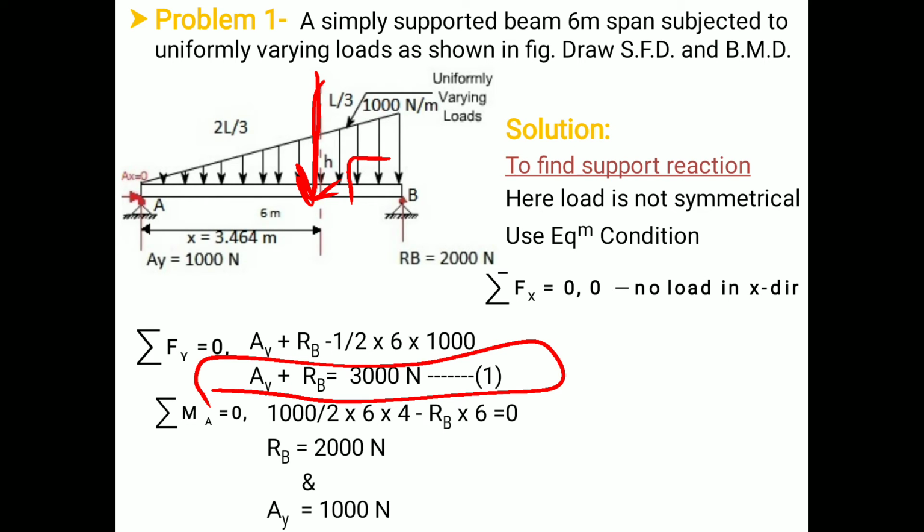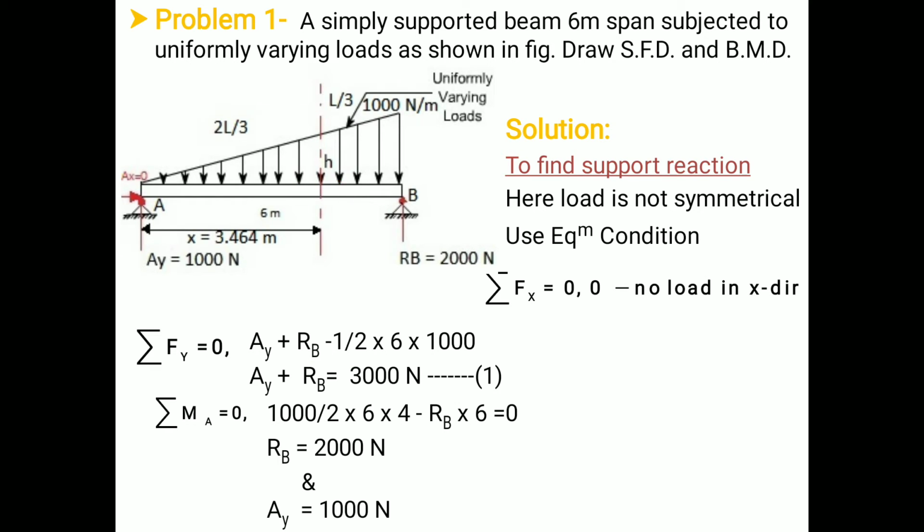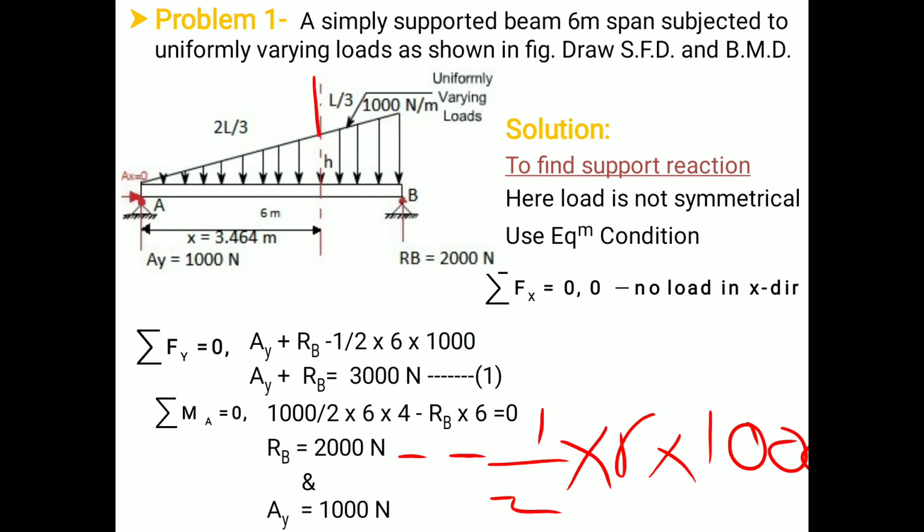So after that we have another equilibrium equation, moment at A, which is equal to 0. Now moment at A equal to 0 means that we have point load 1/2 into base is 6 meter and the height is 1000, that will act over here, and from this the remaining distance is twice L by 3. So twice L by 3 means 2 into 6 by 3.